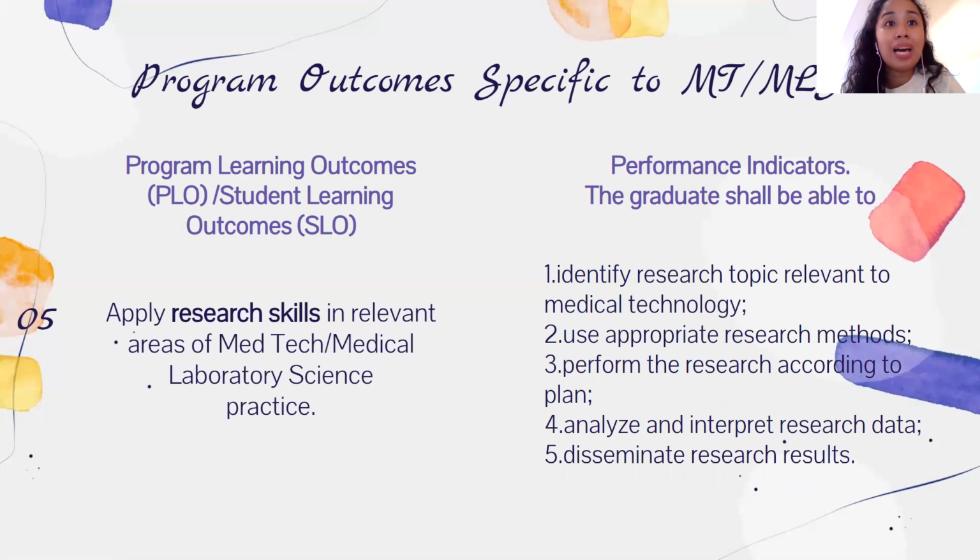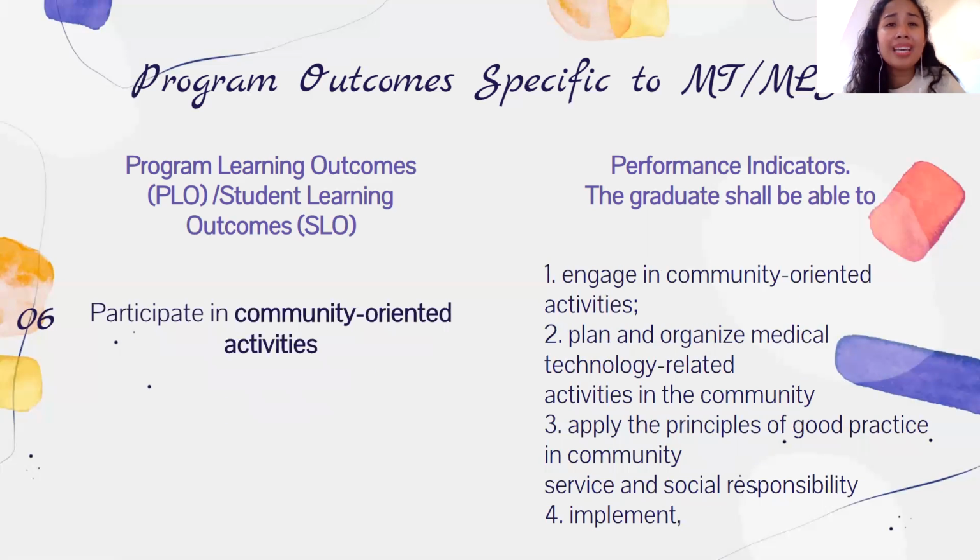Number 5, apply research skills. Class, so that our profession will move forward, we encourage you to research. Number 6, participate in community-oriented activities. Class, if you have the opportunity to help our community, then do so. How about simulan nyo, since first year pa lang kayo, sa pagiging voter?